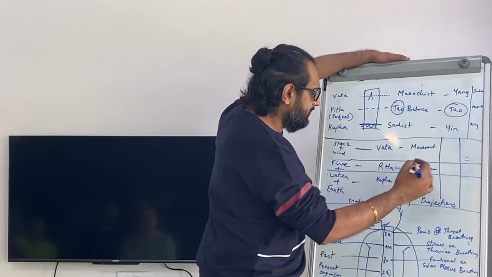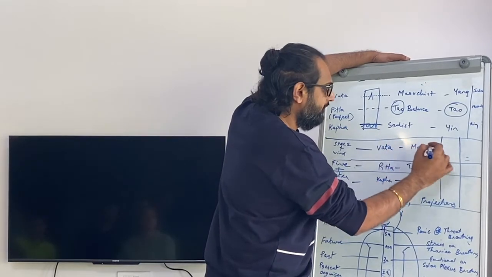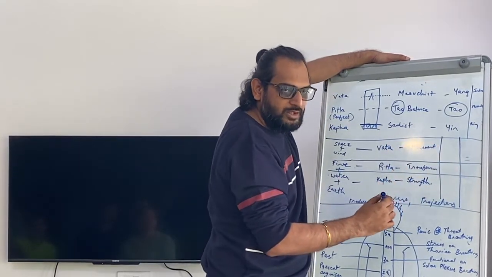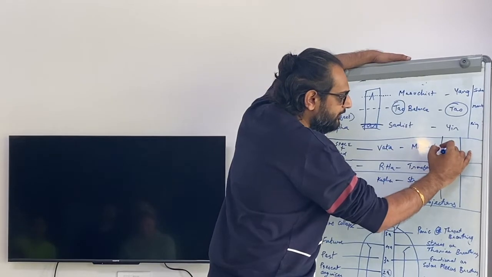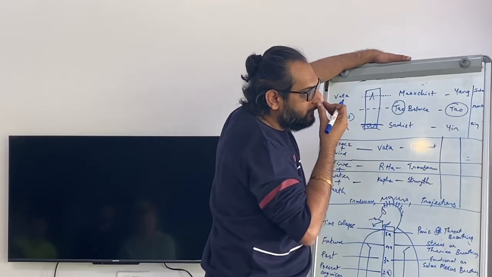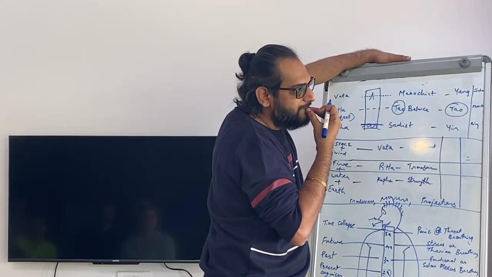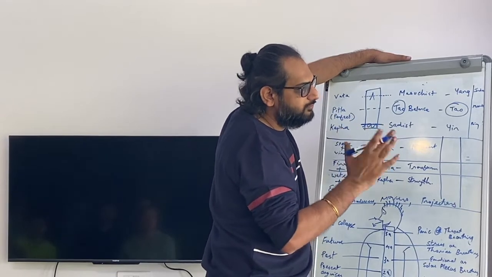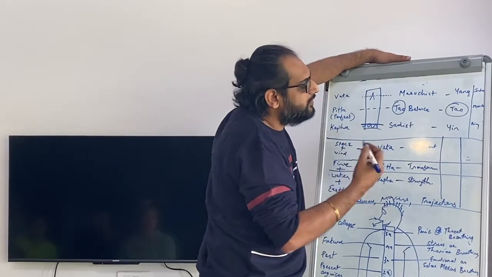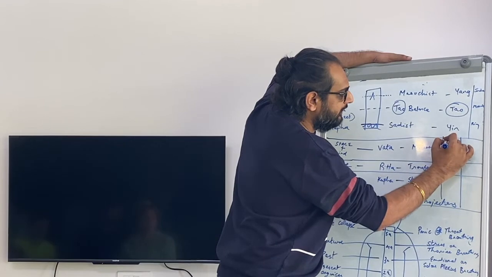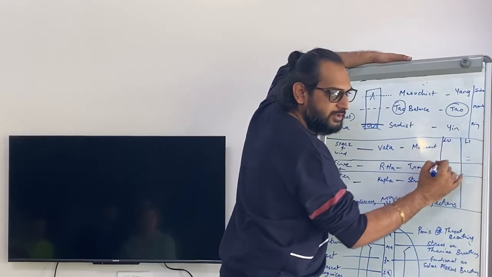The organs. So the organs of Vata, the wind, technically are the lungs and large intestine.